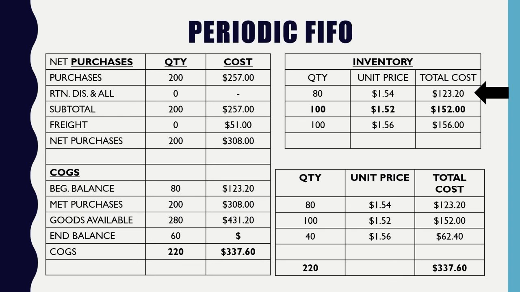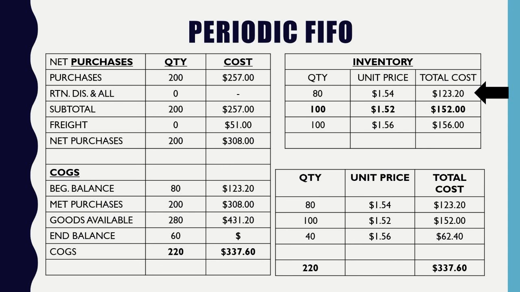So again, let's look at the bottom right corner. We take 80 from the first batch. In this case, we already know that we're going to get rid of that entire thing. So we're just going to take the whole $123.20. That's only 80 though. We are looking at 220.